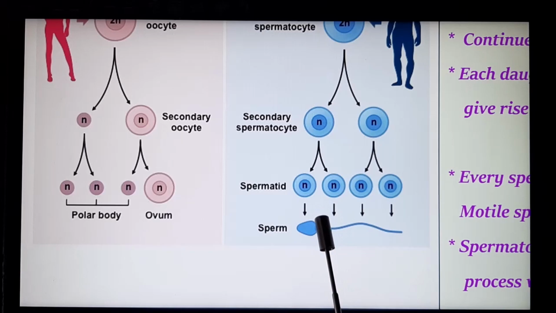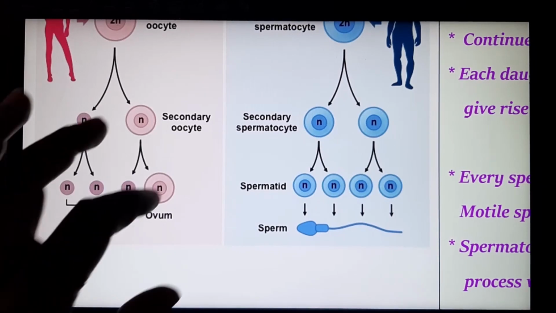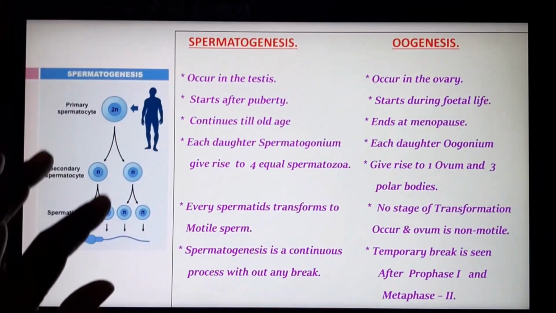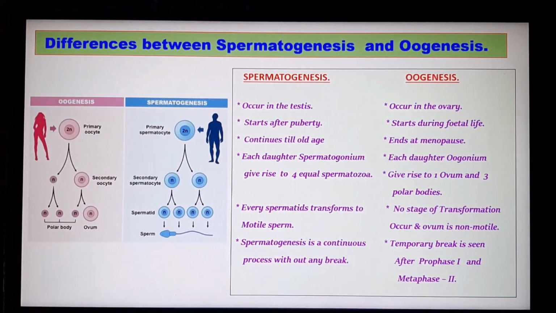The spermatids undergo spermiogenesis, and here only one is shown, but you know that 1, 2, 3, 4 spermatozoa or sperms are formed at the end. Now let's see the comparison.